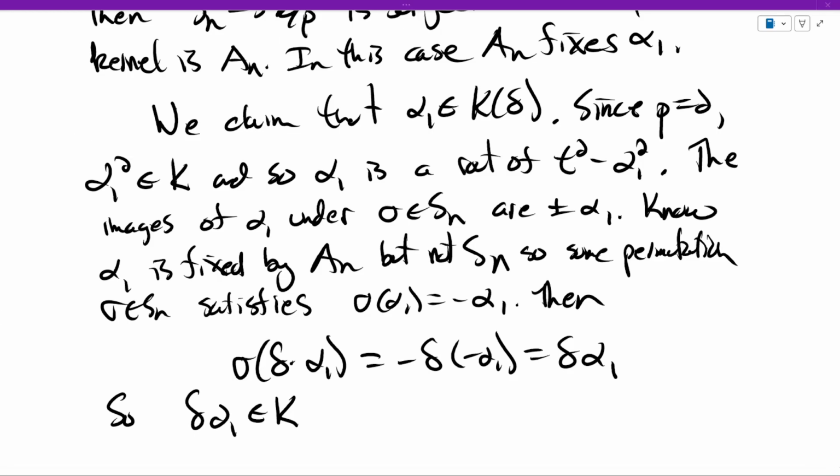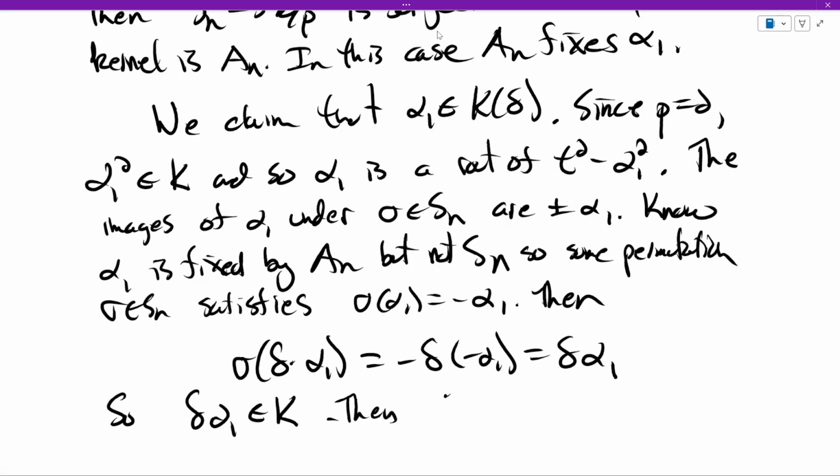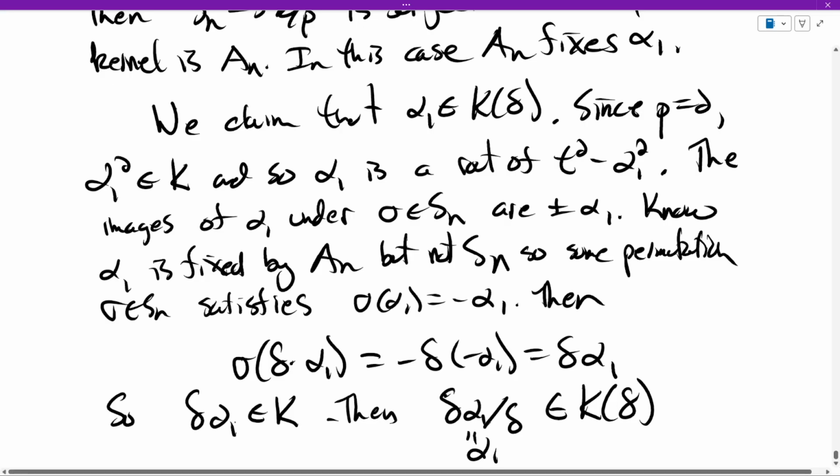All right. So what does that mean then? Well, delta alpha over delta, if I have access to delta, belongs to K adjoin delta, because delta is there. Delta alpha is in K, but that's equal to alpha itself, alpha 1.